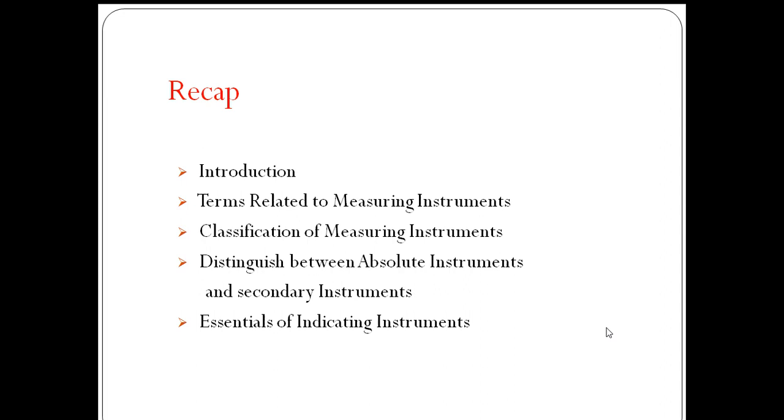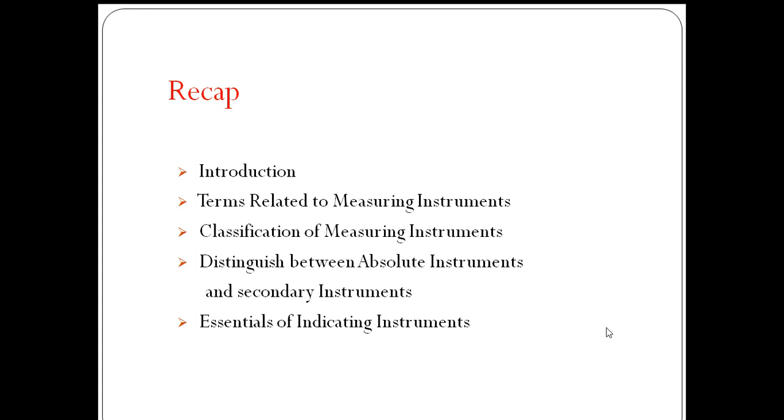And then we came across the classification of measuring instruments as analog and digital instruments. The analog instruments are further classified as absolute and secondary instruments. And the secondary instruments are further classified as indicating type instruments, recording type instruments, and integrating type instruments.